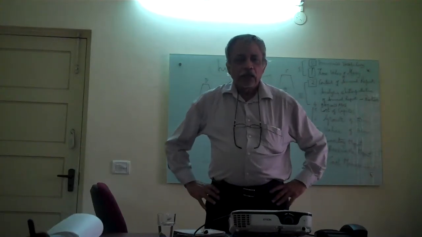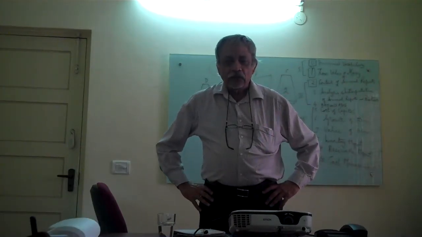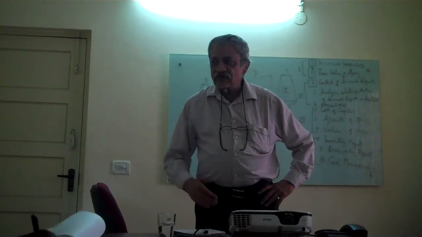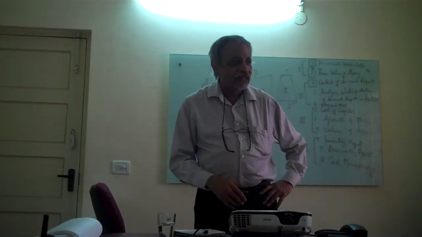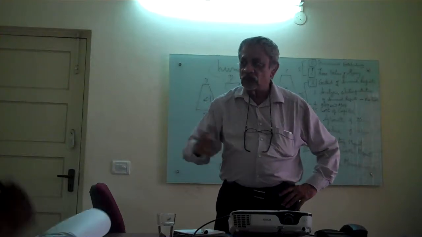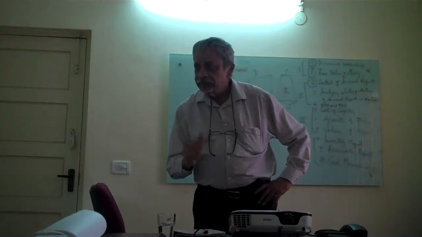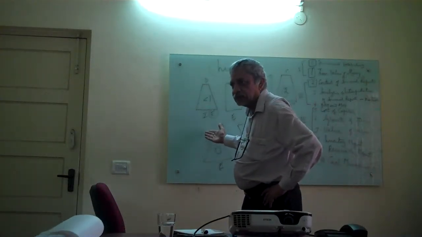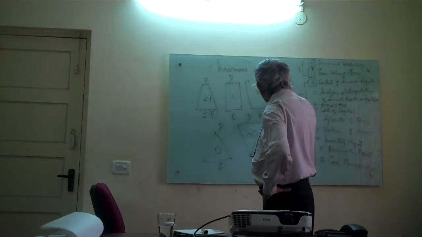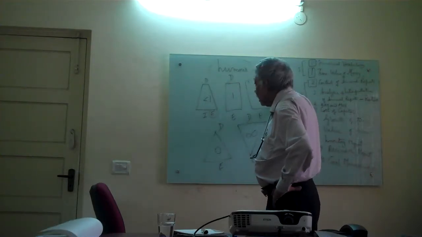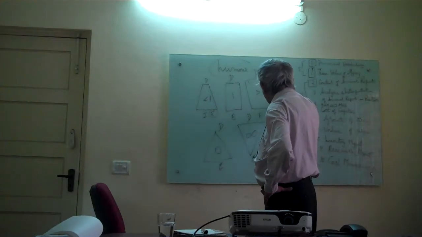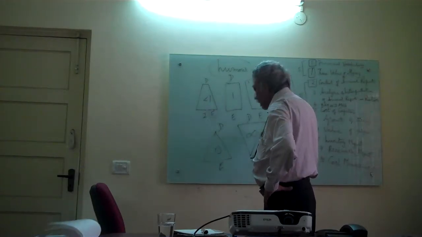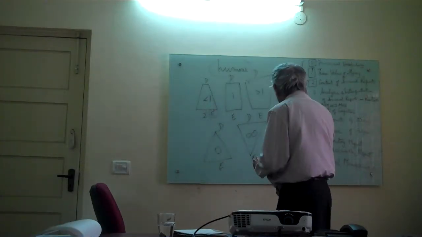Now, from a lender's point of view, why the hell does State Bank of India say 2 and thus far and no further? I won't lend you if it is more than 2. Why? He draws a mental picture like this. And then he finds that 2 is here. Compared to this and this, 2 is here.